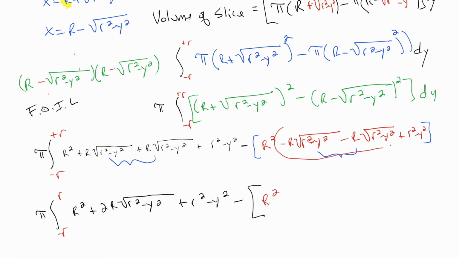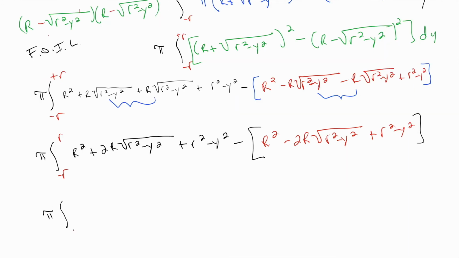Hook these guys up right here: minus 2 big R root r squared minus y squared plus r squared minus y squared. Close bracket. Now pi, negative r to positive r, basically copying this whole thing down from the top. So I'm not changing anything right now, just rewriting the top again: r squared minus y squared plus r squared minus y squared.